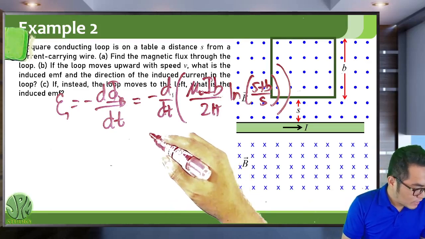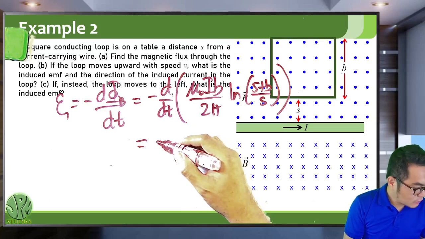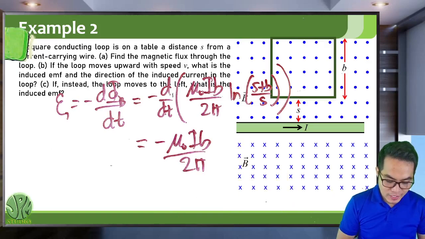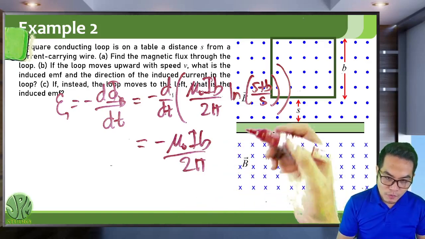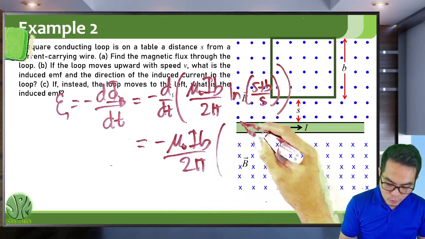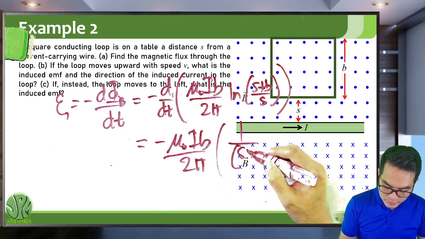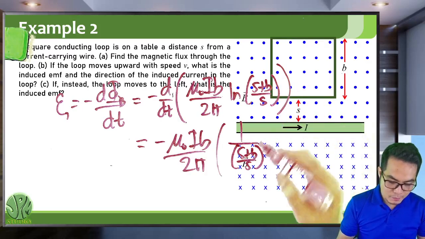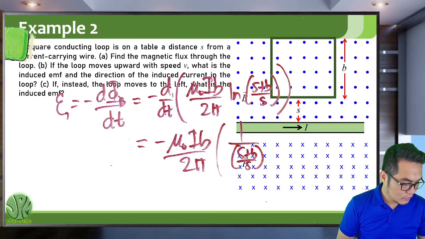We take out all of the constants and get mu naught I b over 2 pi. The derivative of ln u is 1 over u times the derivative of u. So 1 over (s plus b) over s, times the derivative of (s plus b) over s.